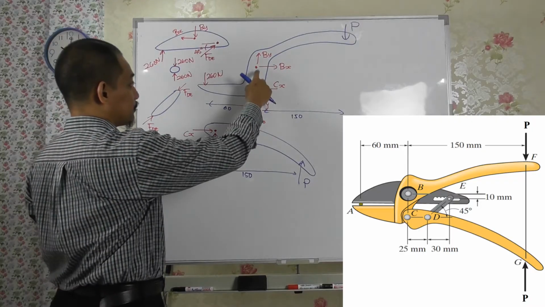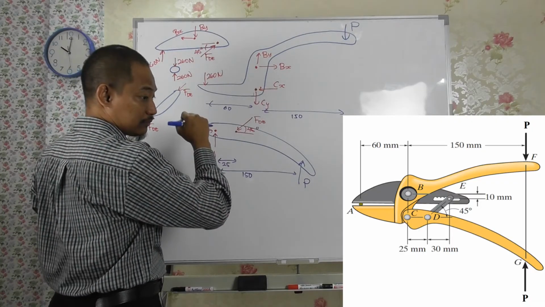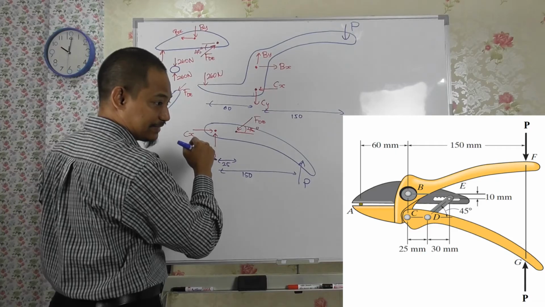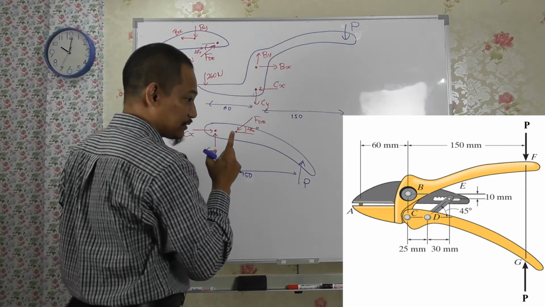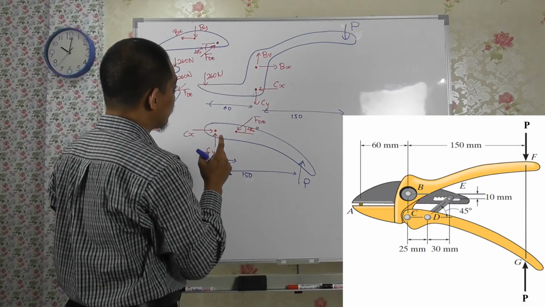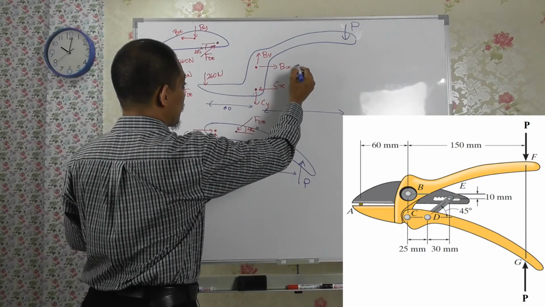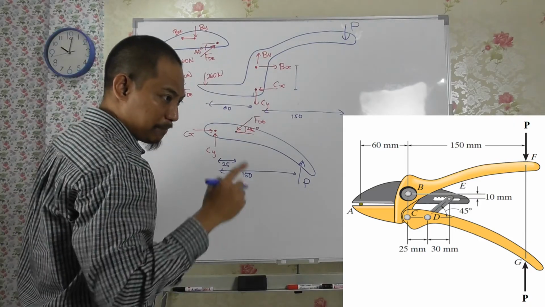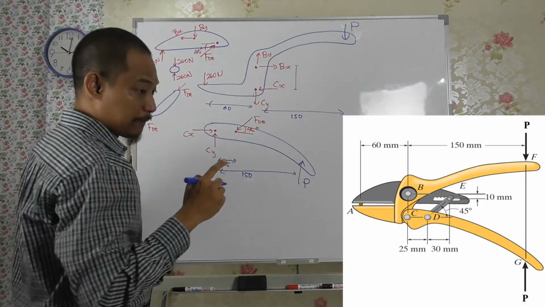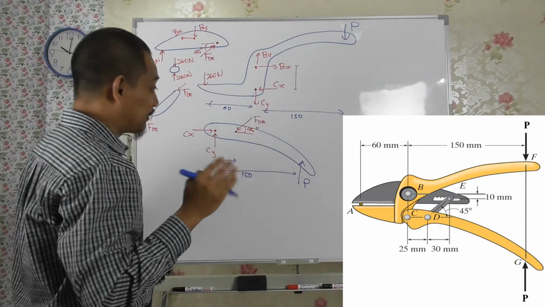You also have to have this height between B and C. The height of B and C is not really given, right? This height, is it given? B and C. Okay, because what is given is 45 degrees.